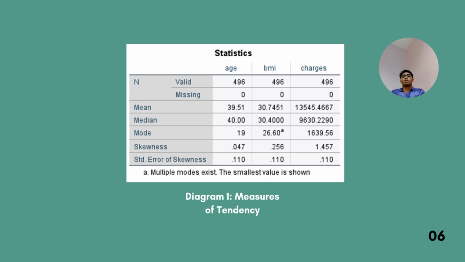Because the mean is much higher than the median, the charges are positively skewed, and a small number of very high costs pull the mean upward.